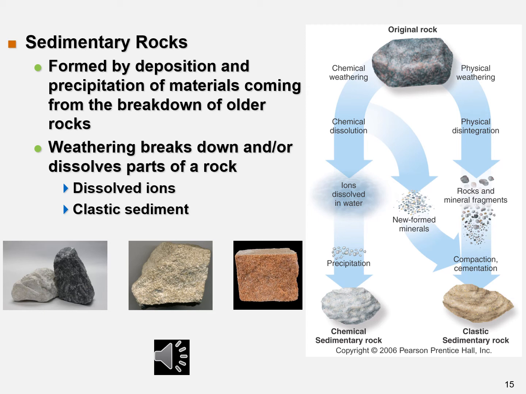An example is gypsum, as shown in the photograph on the left. Sometimes in the chemical weathering cycle, the ions will form mineral clasts, and by compaction and cementation form into clastic sedimentary rock. An example is oolitic limestone, shown in the center photograph.